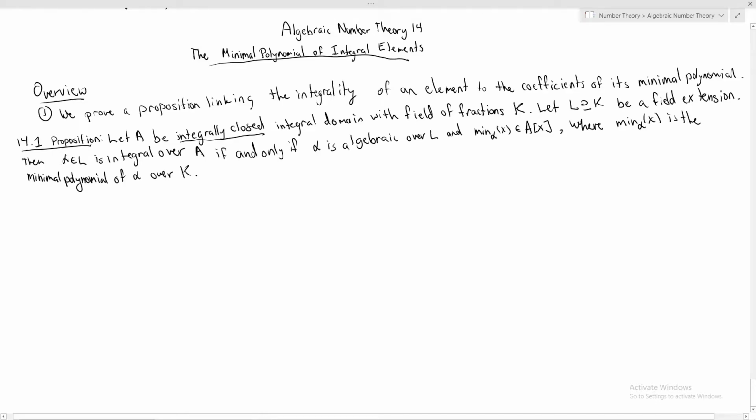So I really only have to check that the minimal polynomial has coefficients in A.